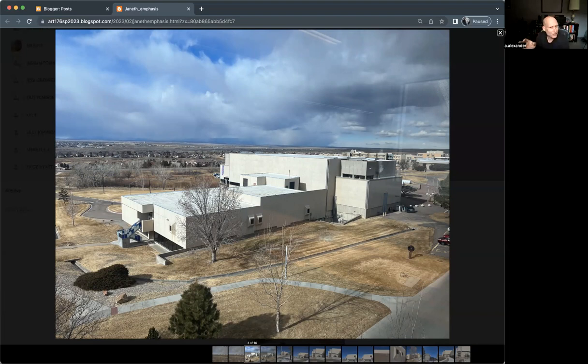So here we have a bit of a different perspective. I like that you're moving around quite a bit. You didn't feel like you had to be on the base level there on the ground. You went up into the building and shot down from a different perspective. We have a few things that are a little bit extraneous. Things like the cars over here could have been moved over if you moved your camera over just a little bit.